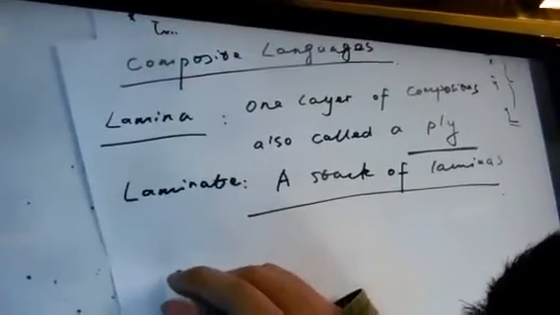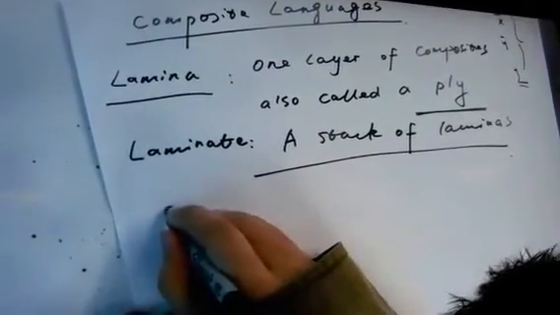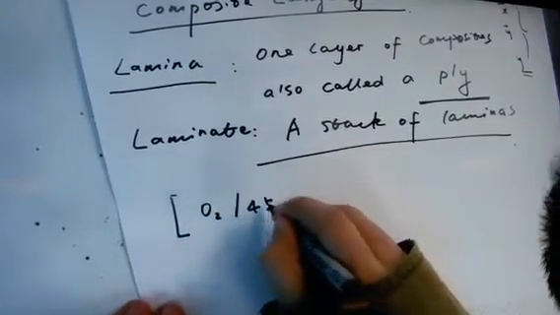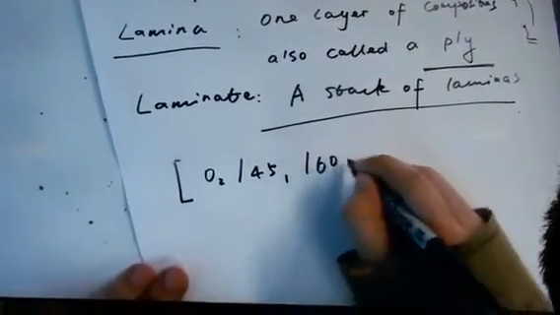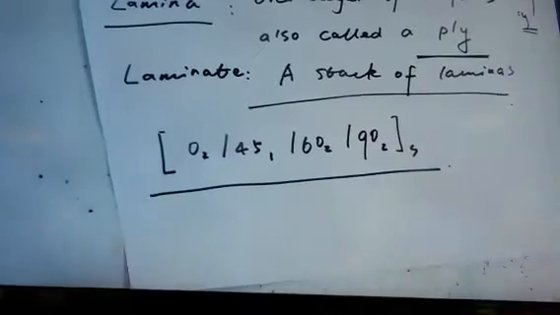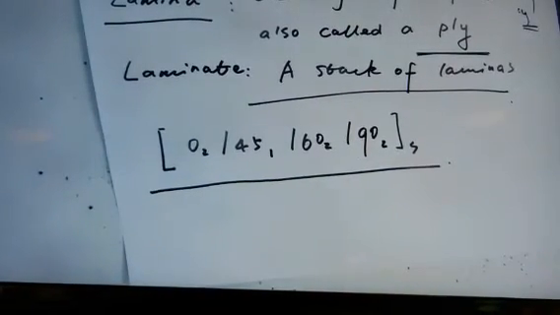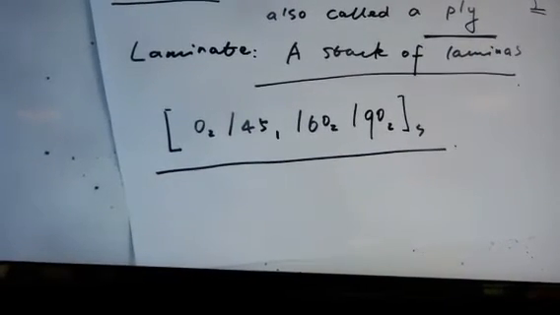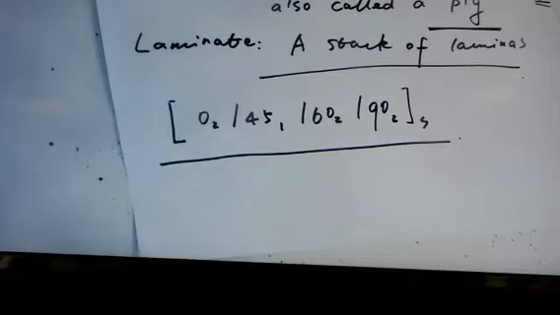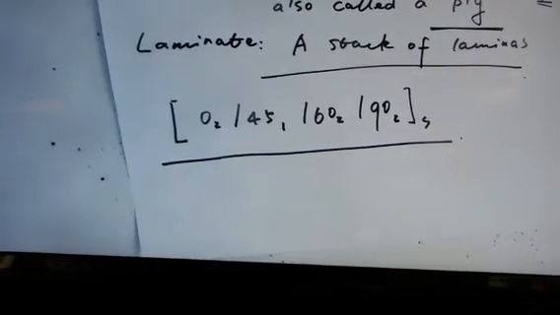So there's one common language that you are going to use in ANSYS modeling of composites. The first thing is you will see some notation like this. I'm going to give you several examples and then introduce the meaning of this. So this notation describes how you put your filament direction in the composites. So this 0, 45, 60, 90, and there's an S there.